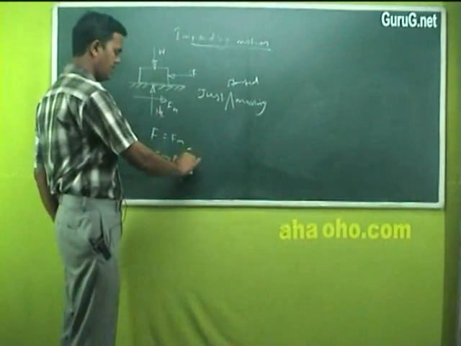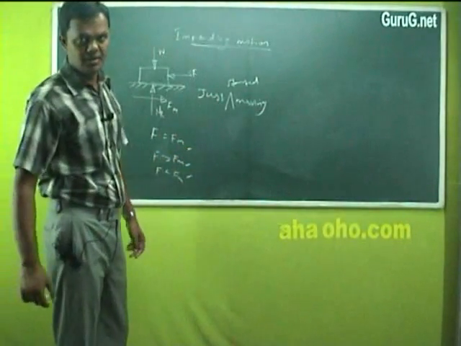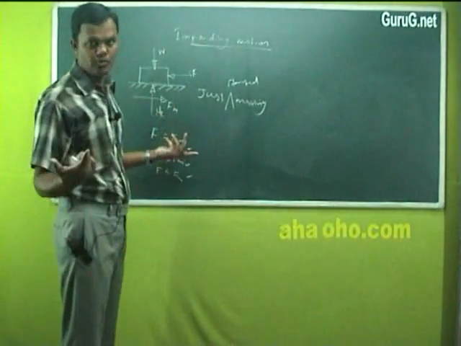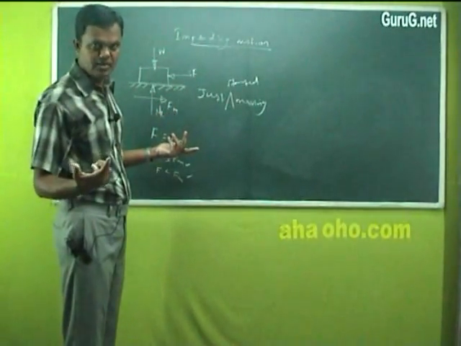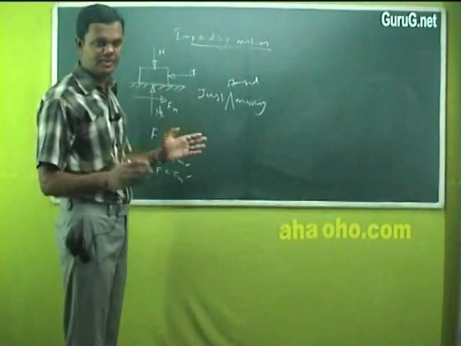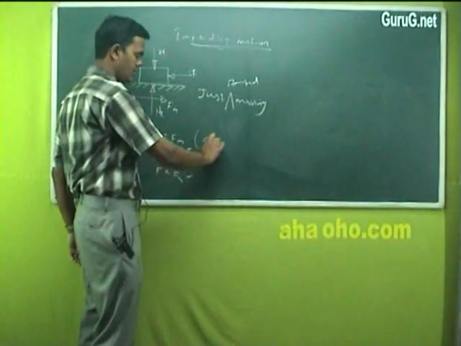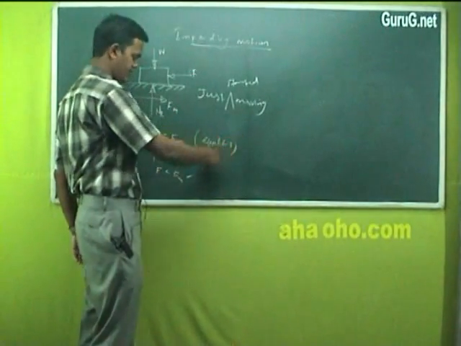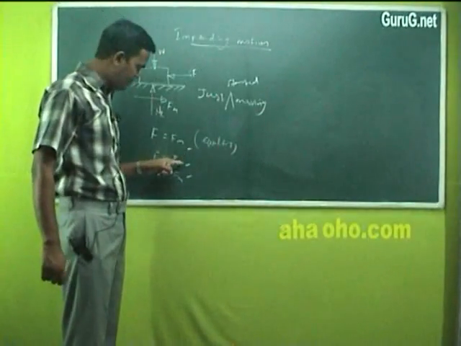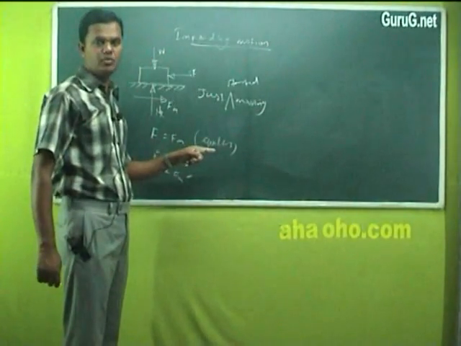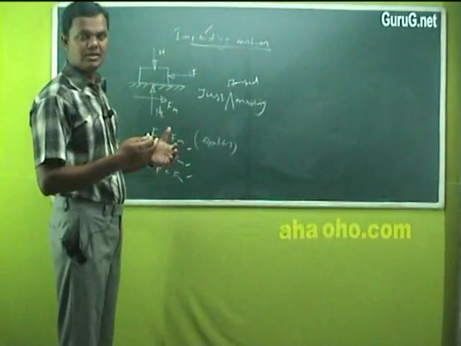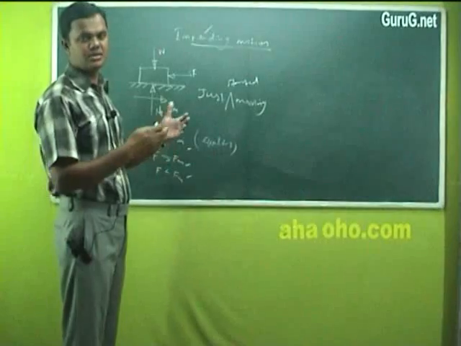These three conditions are always existing, because if your applied force is less than your limiting friction, it will not move, right? If your applied force is equal to limiting friction, it will be static. It will be in the equilibrium condition. It will not move either towards right or left. But only when your applied force is more than your limiting friction, that particular starting point of that movement is called your impending motion. It impends. It just starts moving.